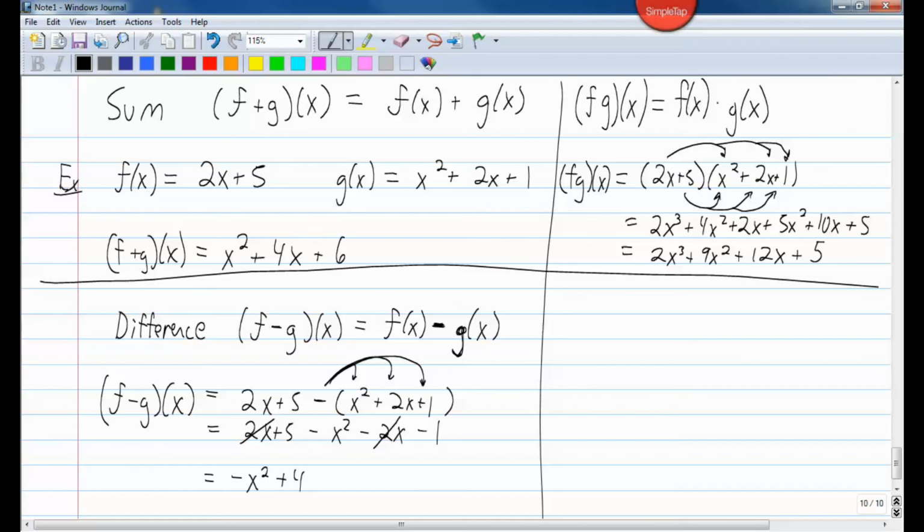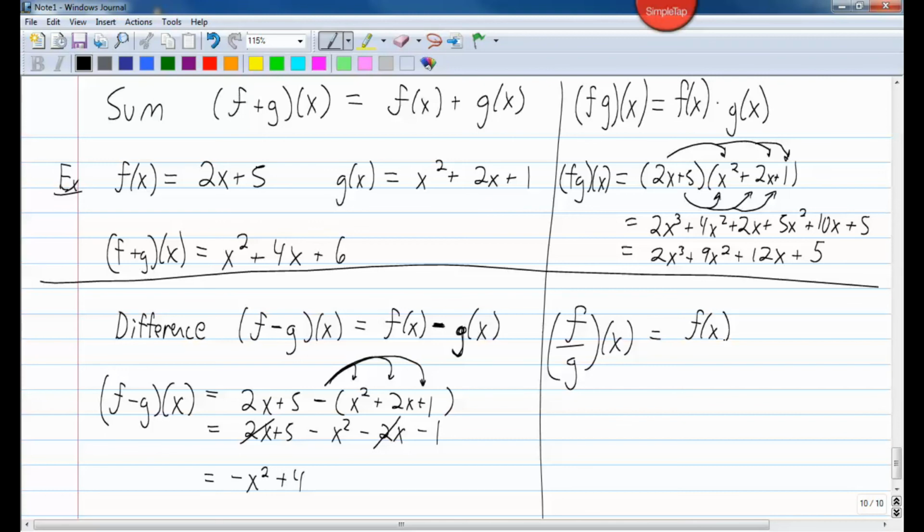And the last property of this algebra of functions we're going to cover is f over g of x. That's the quotient. So what does that mean?